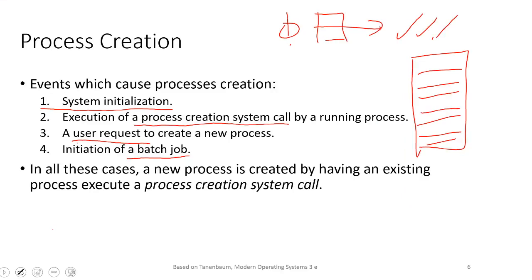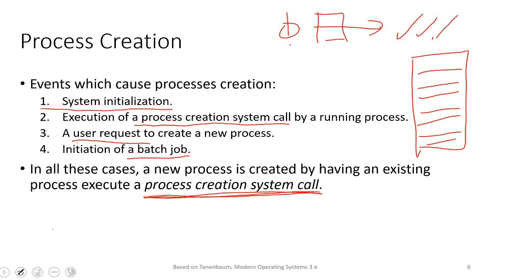And one of the other things that you can see across all these is that, in any case, process creation will be done using what is called a process creation system call. This process creation system call provided by the operating system will be the one that is most likely used in any instance.